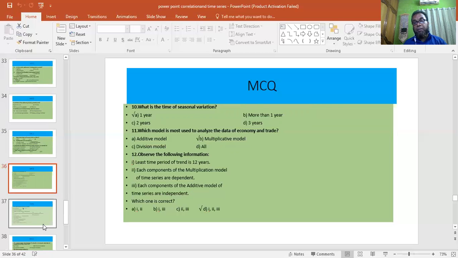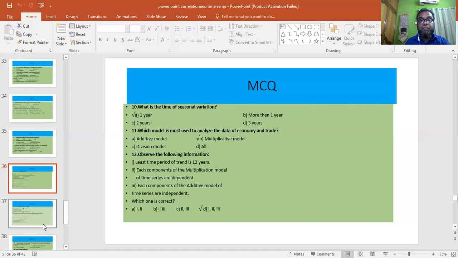To analyze the data of economy and trade, multiplicative model is used. What is multiplicative model? Yt equal to Tt into St into Ct into Rt. So this is the answer.